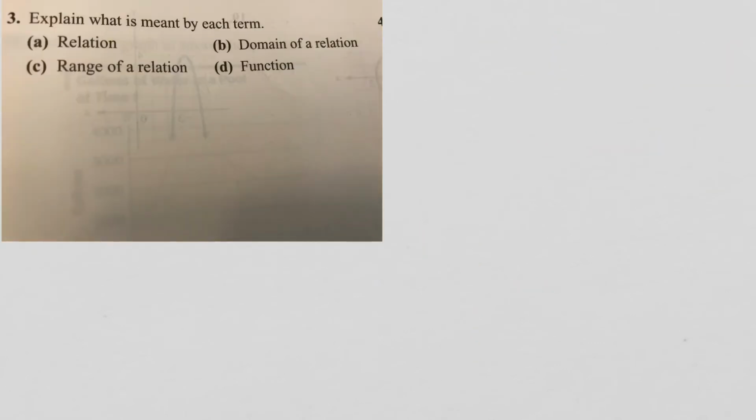A relation is a set of ordered pairs. The domain of a relation is the collection of all of the first component variables, or the x values.